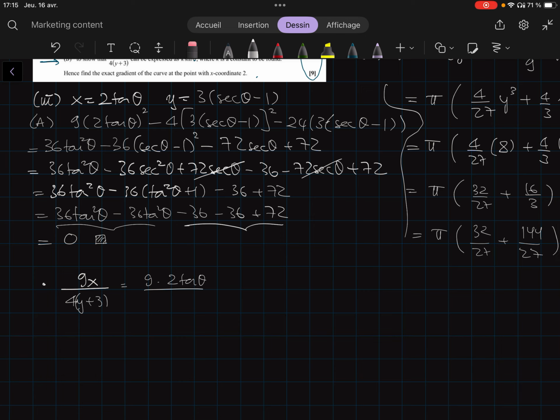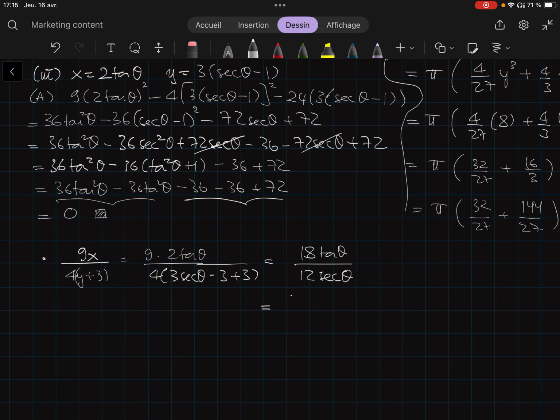Y plus 3, that is going to be, I'm going to do it step by step. Okay. Tan, 18 divided by 12, that's 3 by 2. Tan is sine divided by cos. 1 over secant. Secant is 1 over cosine. And this will give you 3 by 2 sine of theta.